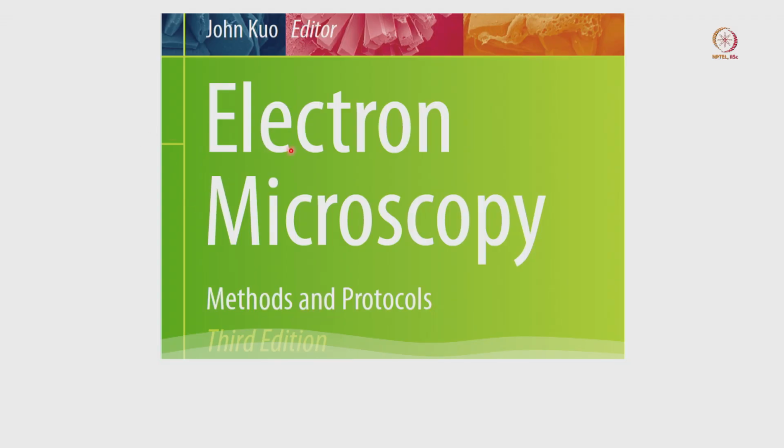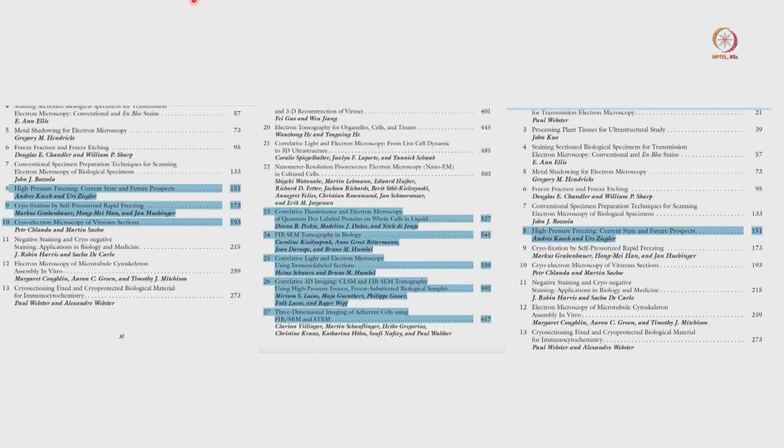If you look at my slide, most of these techniques I again selected from this particular book. It is called Electron Microscopy Methods and Protocols. Here you can see a couple of chapters I just highlighted. I am not going to give the reference in each and every slide again and again.